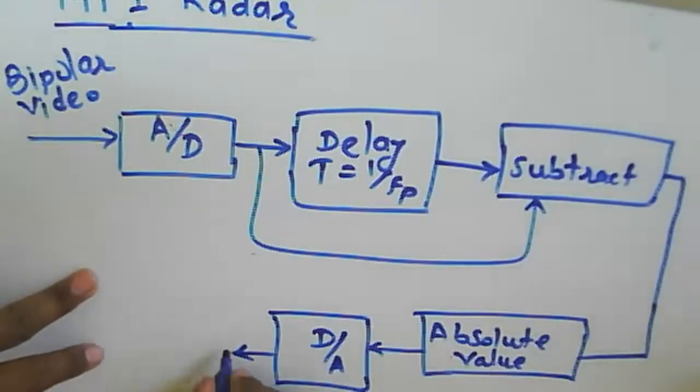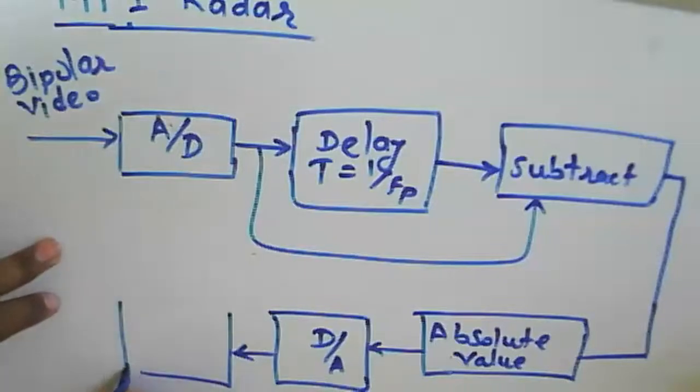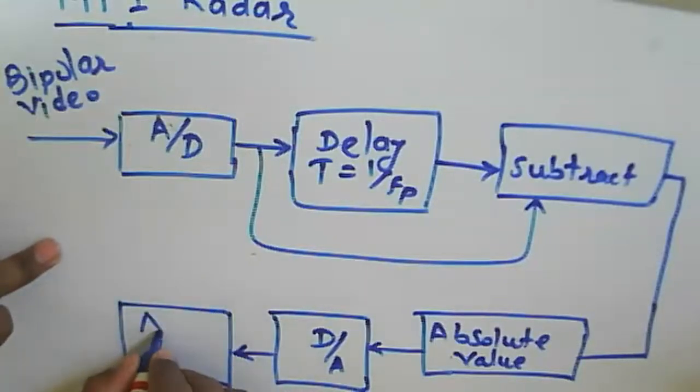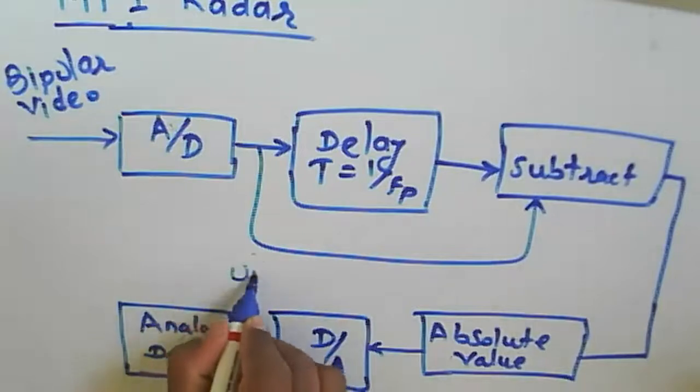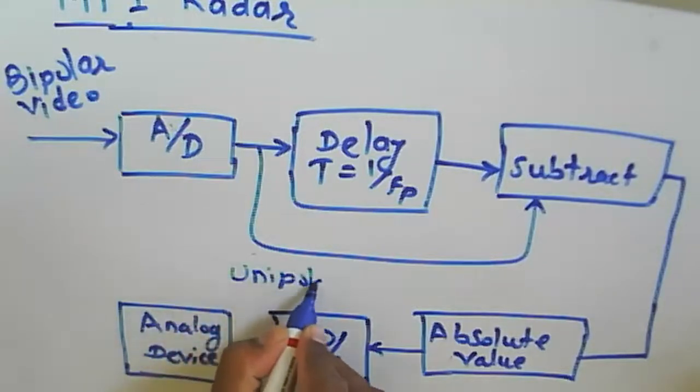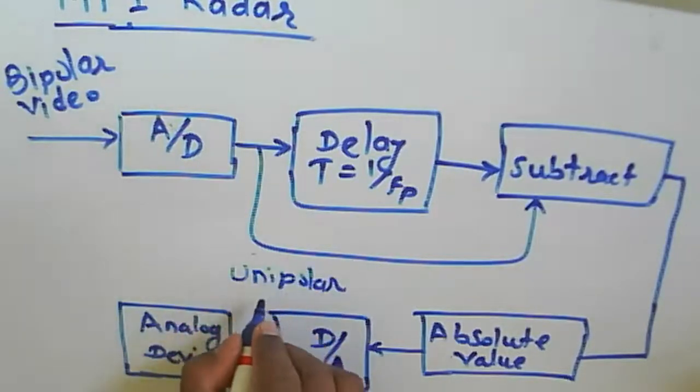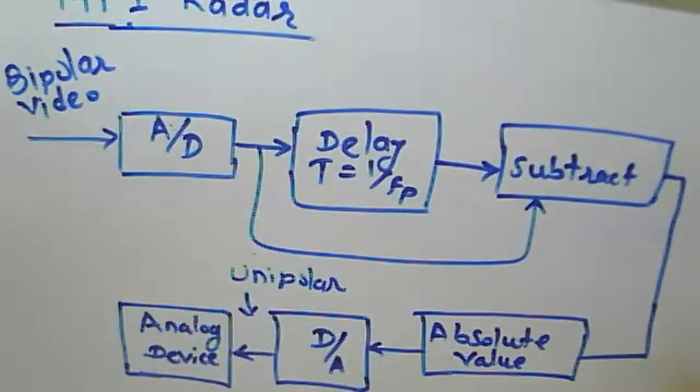This one is your analog device, and we are getting the data. So what is this useful for? A unipolar digital video. This will be useful to convert to a unipolar digital video.